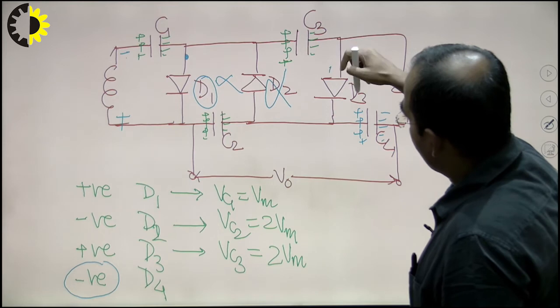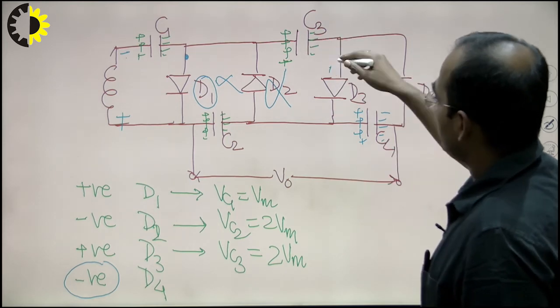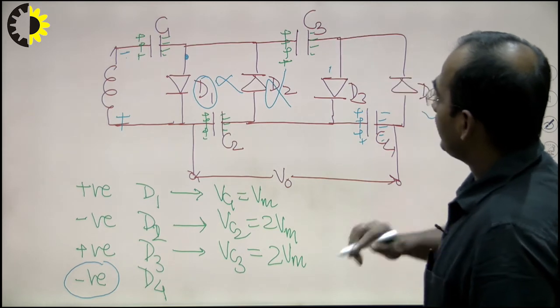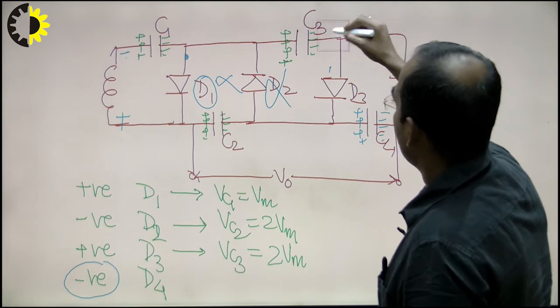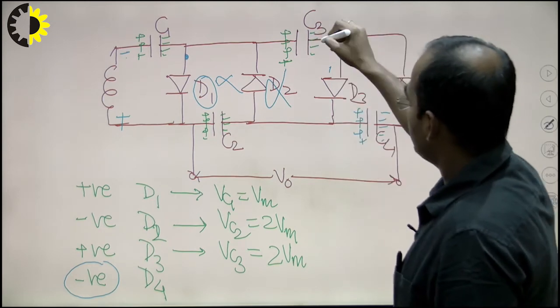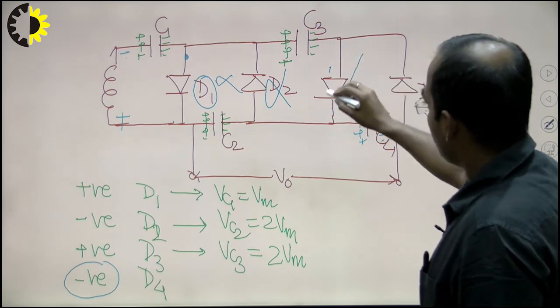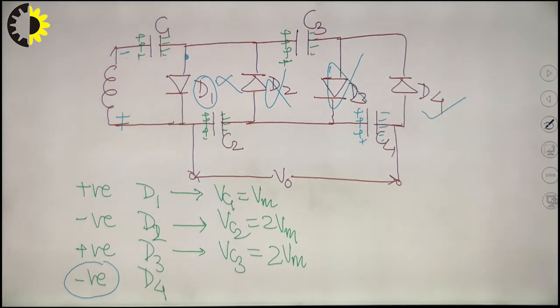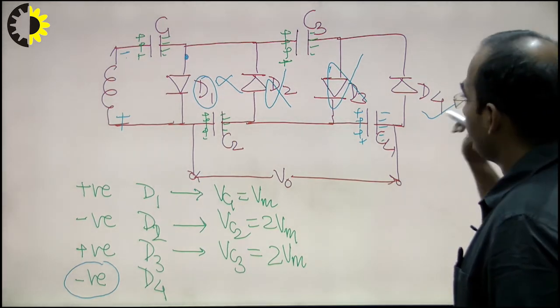Because this is the P side of the PN junction diode, and the P side is connected to the negative terminal of the battery. The effective voltage at this point will be negative, because this is minus, which will make this diode D3 non-conducting. Now you can check how the diode D4 is conducting.